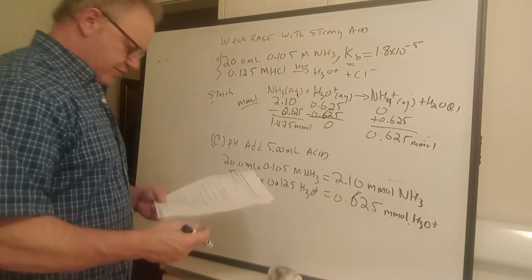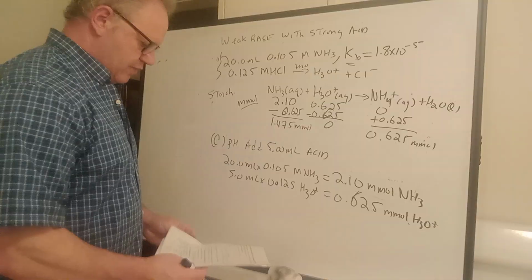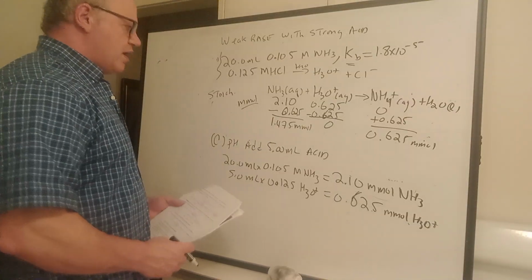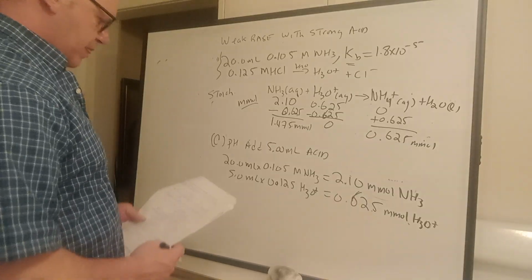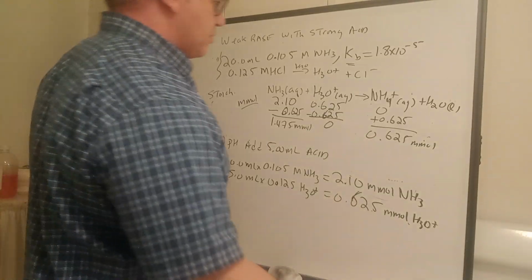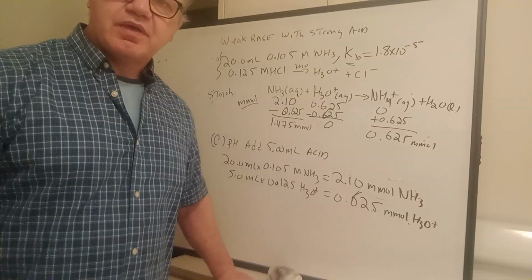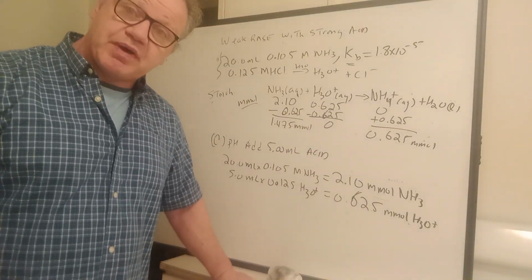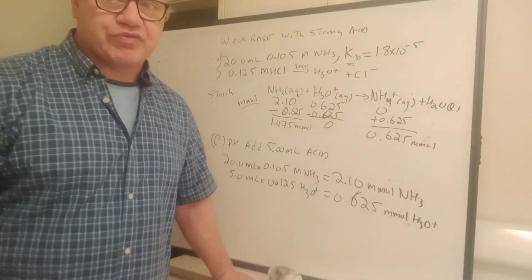Look at what we have. If you don't see it, think about it for a second. To me, that is a buffer. The problem will not say it's a buffer. A buffer could be two things, or three things really.